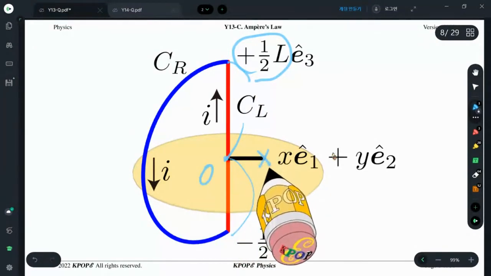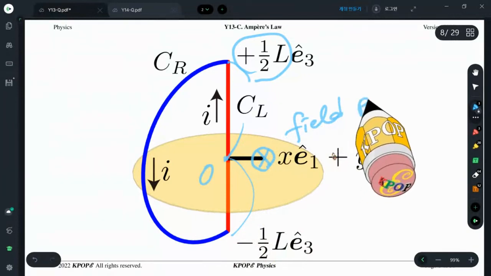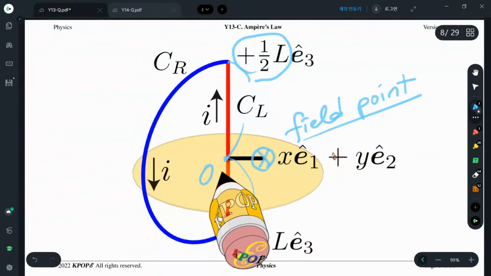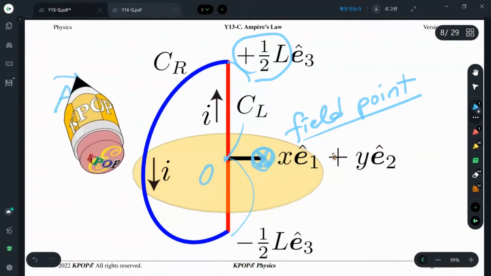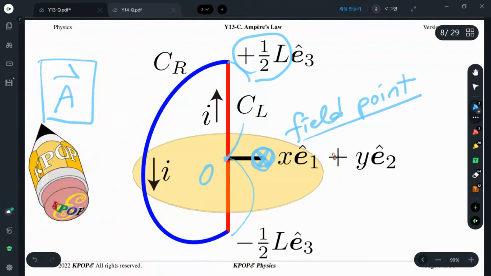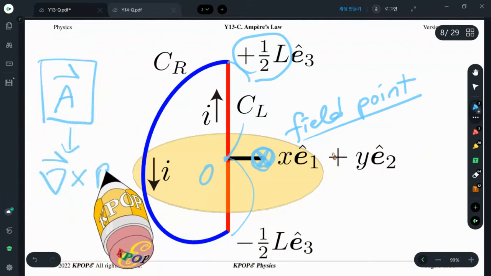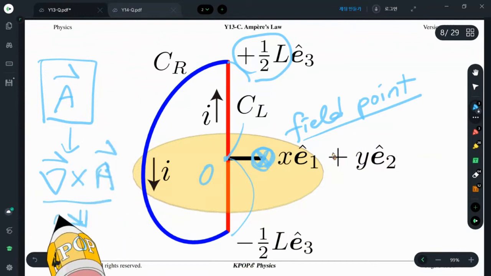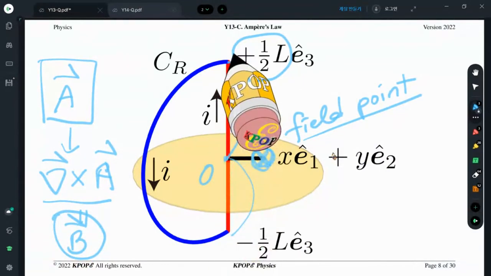We find a place where the field point is placed. We want to compute the magnetic field at this point by computing the magnetic vector potential first and taking the derivative, curl A, to find the magnetic field B due to a current along a straight line.